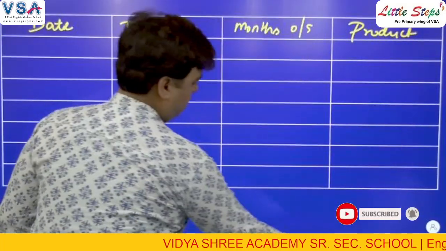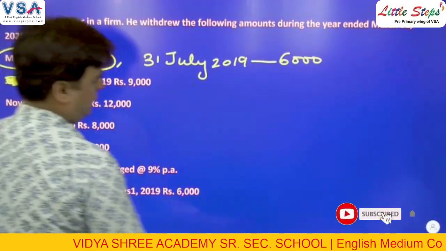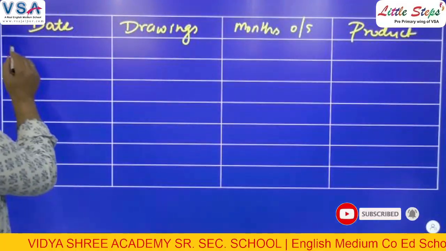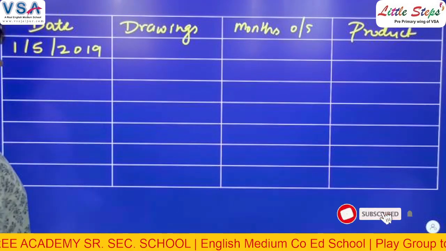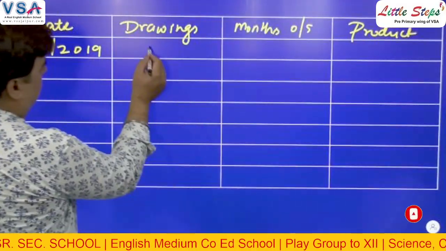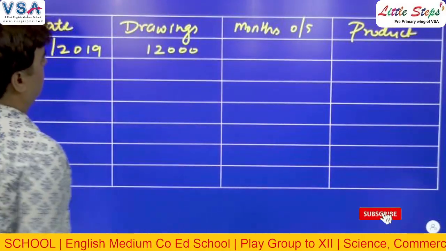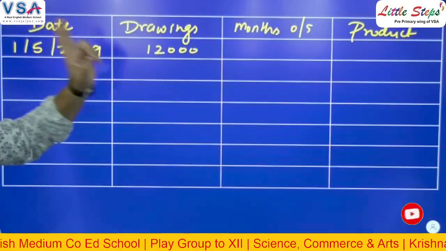Okay, so let's see. The first drawing has been made on May 1st 2019. So we'll simply mention here 2019, and the drawings amounted to 12,000 rupees. That 12,000 rupees will be mentioned here. How many months have been left from 1st May till 31st March?